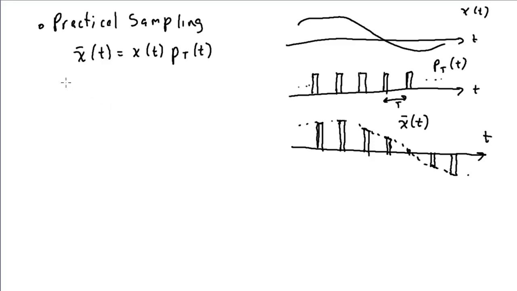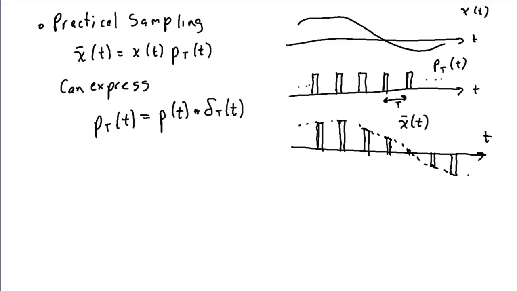Similar to what we did for coming up with the Fourier transform of the ideally sampled version, we can express any one of these pulses as p(t) convolved with our infinite impulse train. Here p(t) looks like this, just a single pulse; we'll say the width here is delta T and height 1.